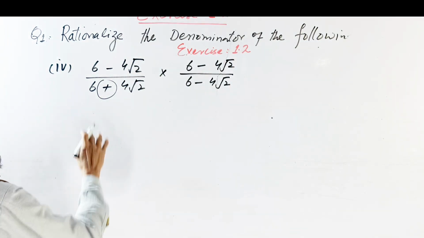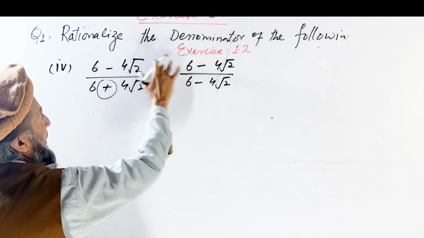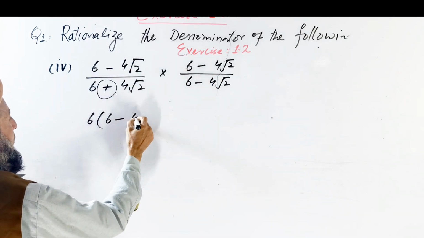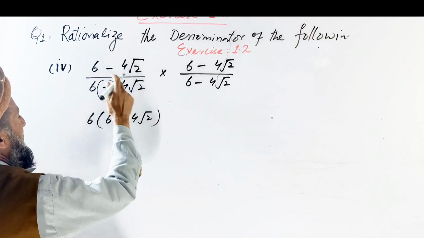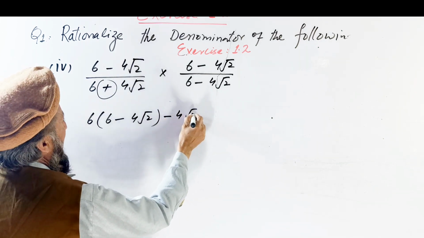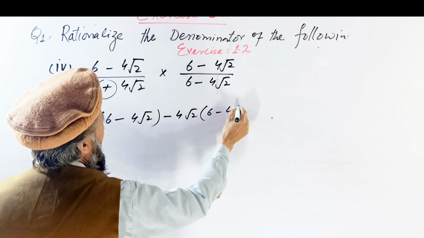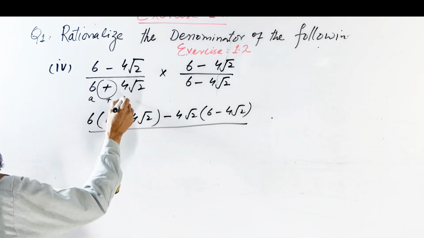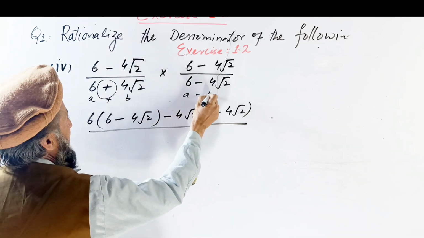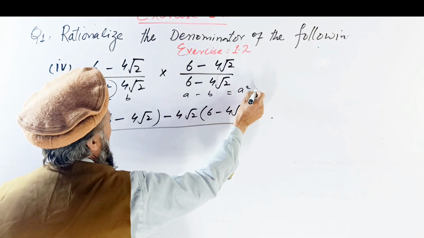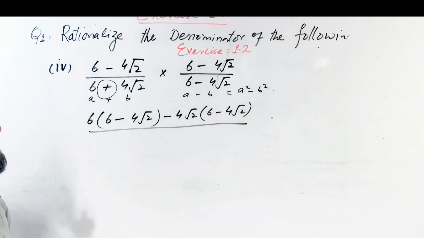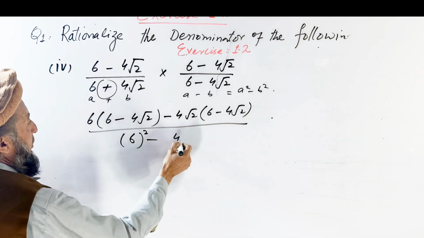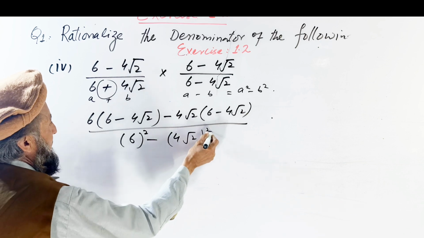Similarly here, now the first term of the denominator is multiplied by both terms, 6 minus 4 under the root 2. Similarly the second term is also multiplied by both terms, and in the denominator we are using the formula a plus b into a minus b is equal to a square minus b square. According to this formula we can write 6 square minus 4 under the root 2 whole square.